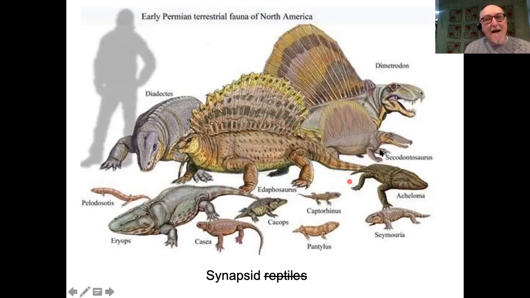And the very first sign that we have that that may be true is if we look at the jaw. First of all, there are features of the skull, which we won't discuss, which are much more mammalian. But the one thing about the skull which you can see that is mammalian, even on this diagram, is that they have differentiated teeth.